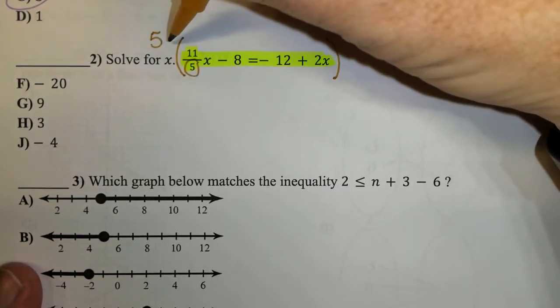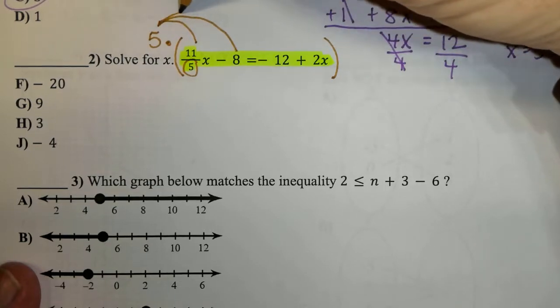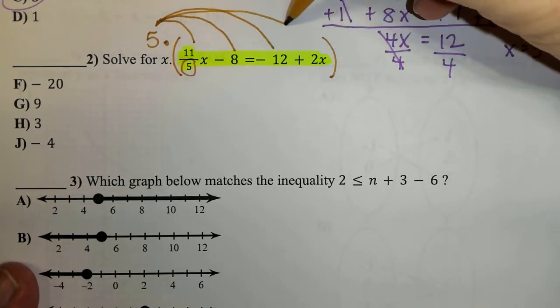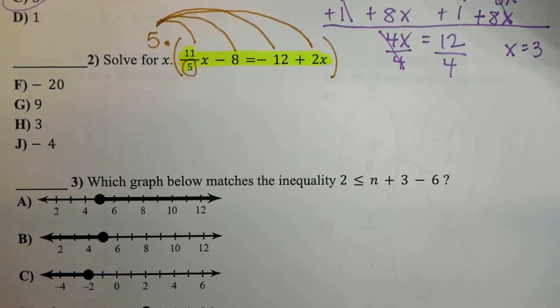So I do 5 times everything. We did this on the test review if you watched my video for that one. Normally if you have a ton of fractions, this might not work very well, but if I only have one, you could get rid of it and make the problem a lot easier. So I'm going to do that.